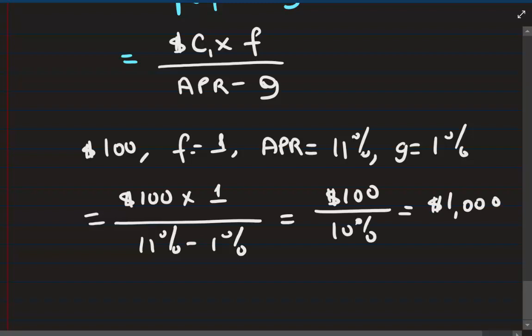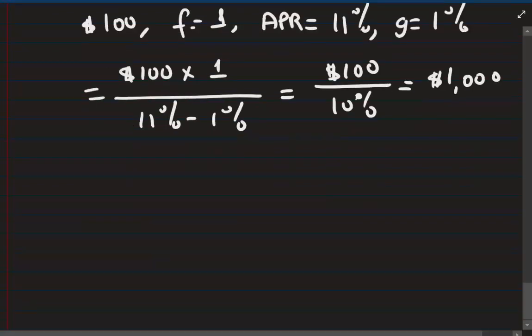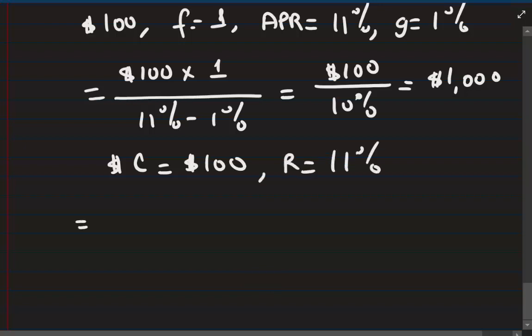Now, had this been a regular perpetuity where all payments are $100 and interest rate was 11%, its value would have been 100 divided by 11%.